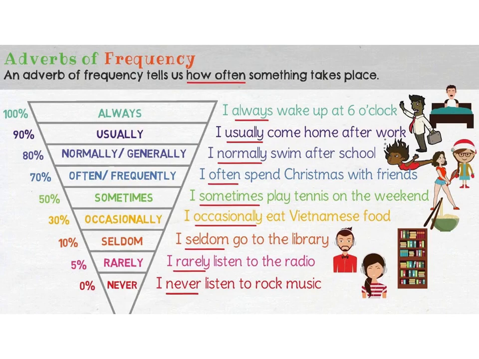Okay, this is our last slide for this lesson. It's another chart that is similar to the last one. It is showing the adverbs of frequency in this upside down triangle. So at the top we have always, usually, normally, generally, often, frequently, sometimes, occasionally, seldom, rarely, and never.